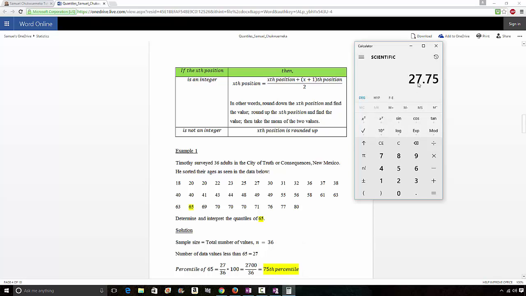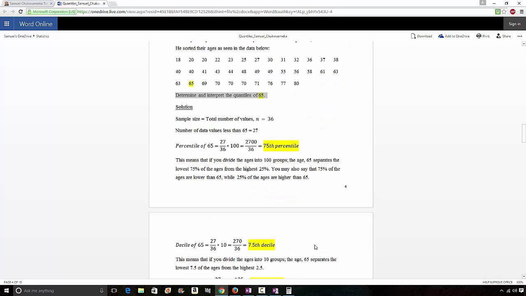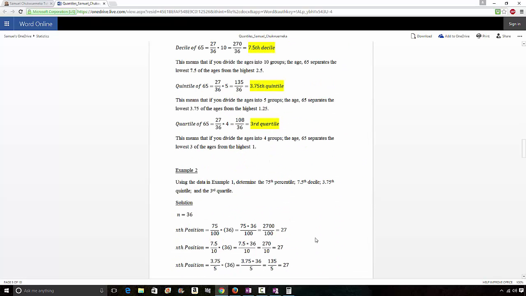We don't care whether it's 27.2. Even if you have 27.1, if it is not an integer, you always round up. So if we round up to the 28th position, we will have 65. Makes sense, right? But then there's a catch here.